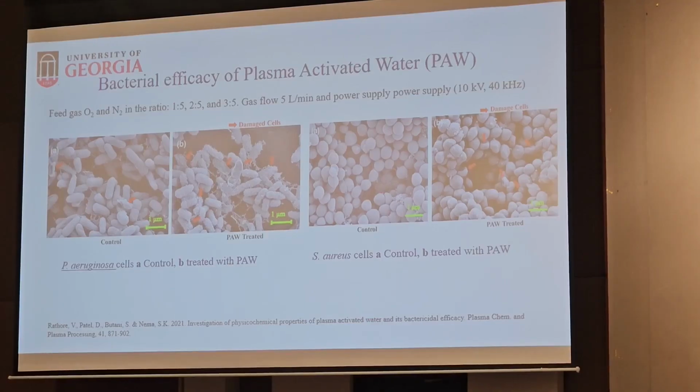Here is an example: on the left side is the control, then plasma-activated water treatment for one kind of microorganism, and then other cells, and you can see in each case the cells shrink or are damaged after treatment with plasma-activated water.